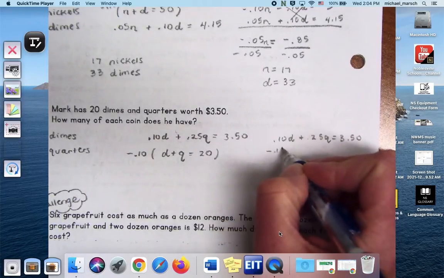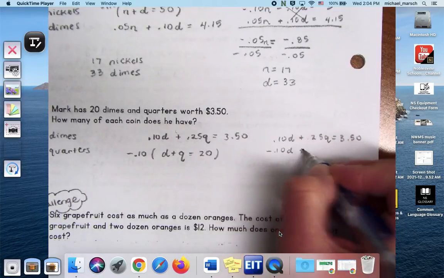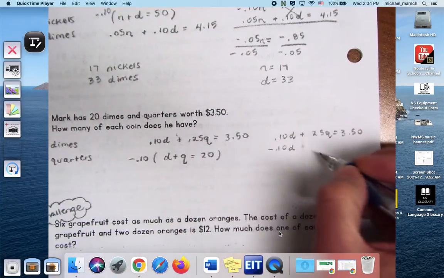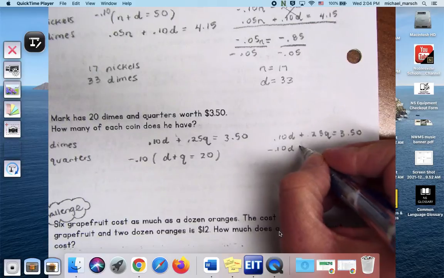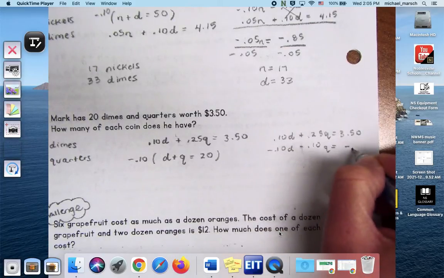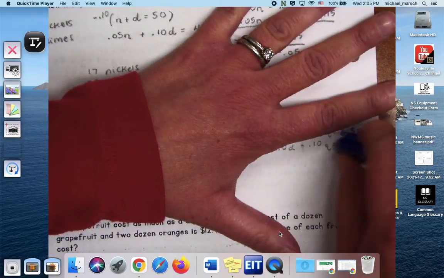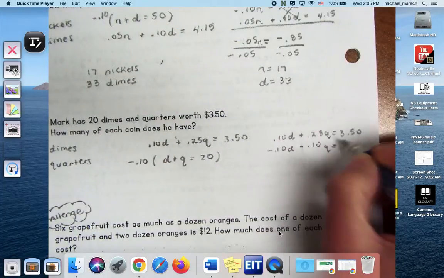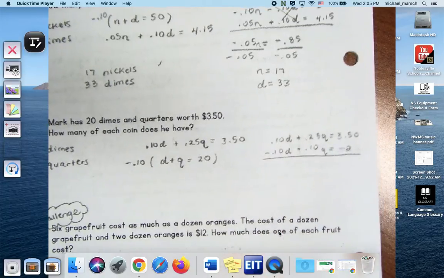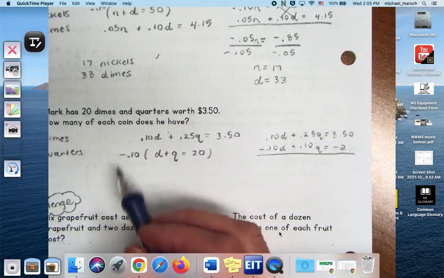Negative 0.10D minus 0.10Q equals negative 2, because I distributed the negative, right?